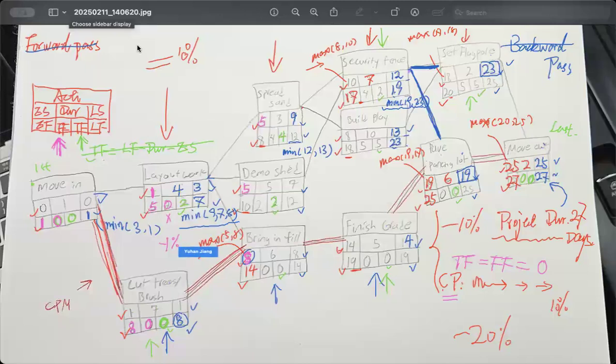Why are we getting 0 here? That is because you are using the minimum from the following activities' early start times, which is 5, 5, and 8, minus your own early finish time 5.